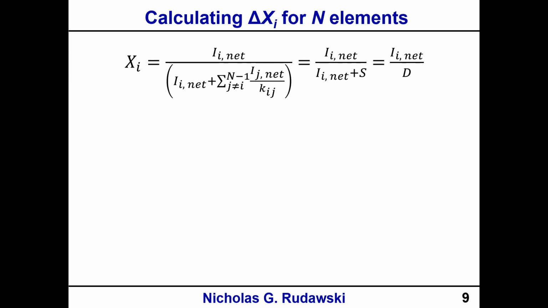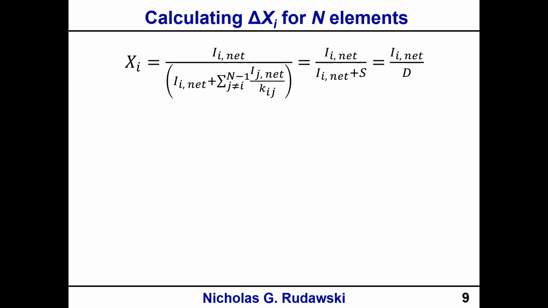Now if we want to generalize the error for an element i if we have n elements, this is the original equation on the left. We can simplify this by reducing the denominator to I sub i net plus S, because we have a sum, and then we can call I sub i net plus S equal to D for denominator.